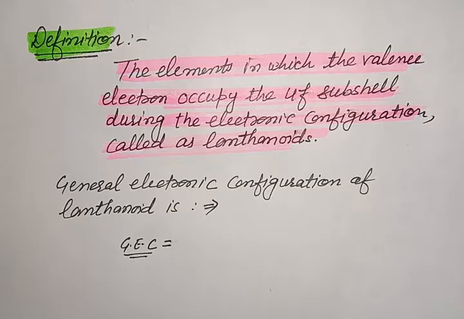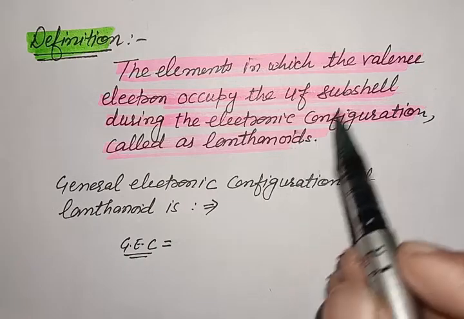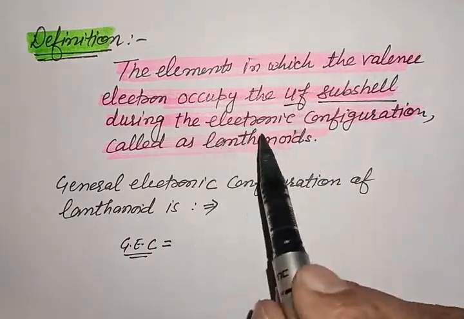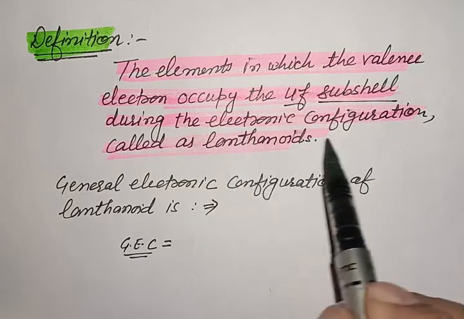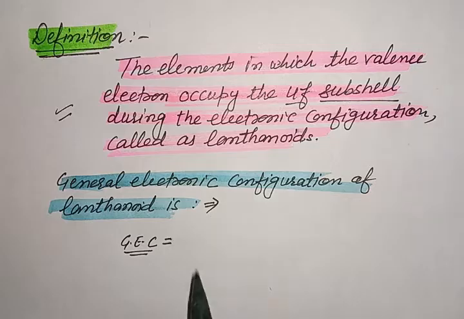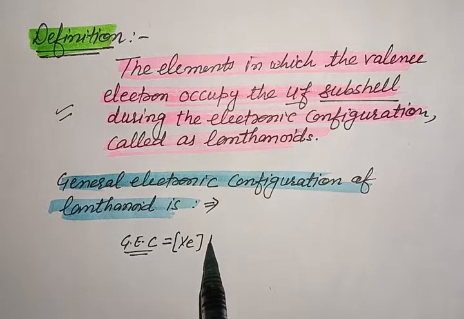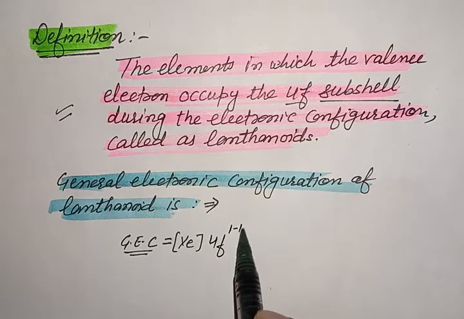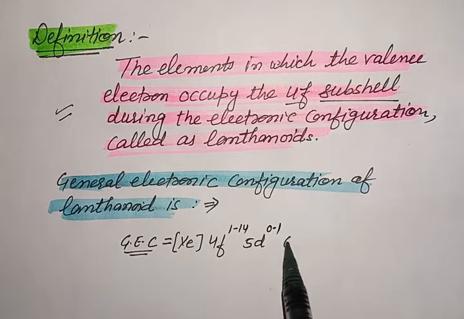If we talk about the definition of the lanthanoids, all those elements in which the 4f subshell is occupied during their electronic configuration, or the elements in which the valence electrons occupy the 4f subshell, are called lanthanoids. The general electronic configuration of lanthanoids is the electronic configuration of xenon, which is a noble gas, 4f 1 to 14, 5d 0 to 1, and 6s 2.